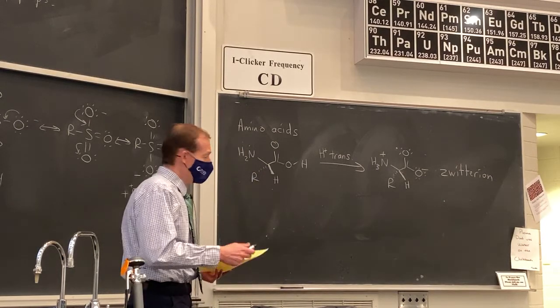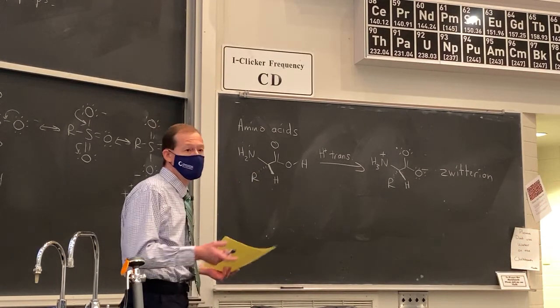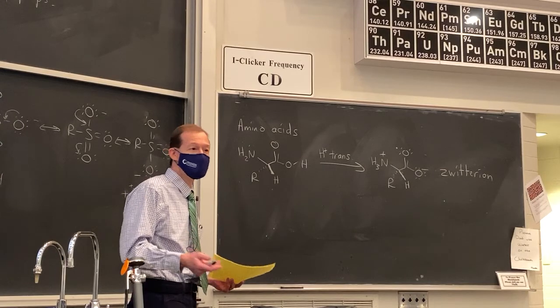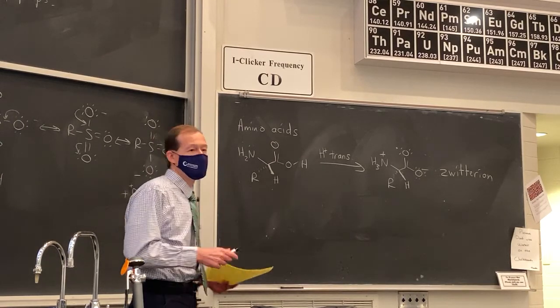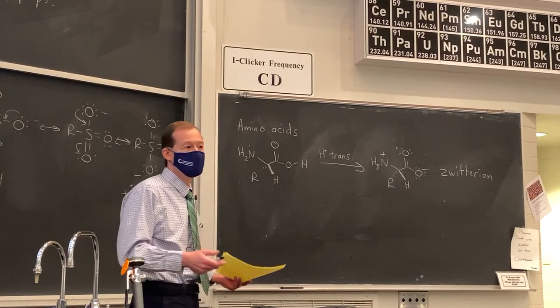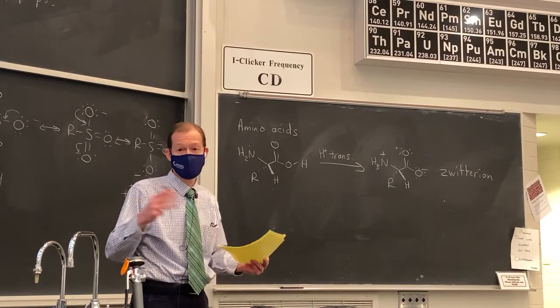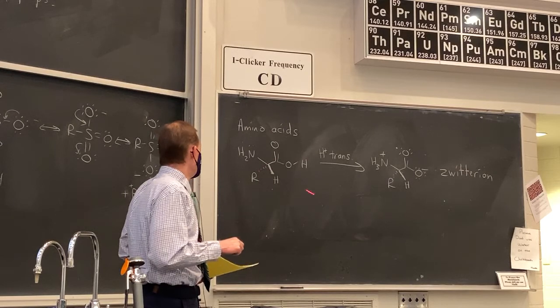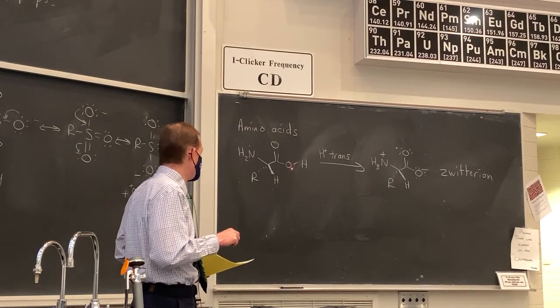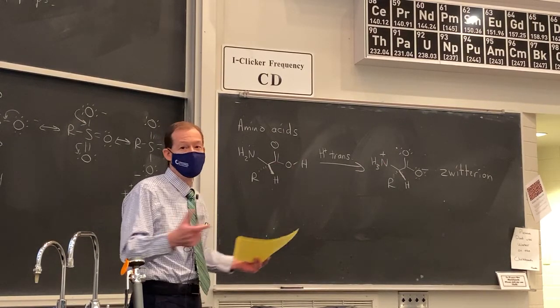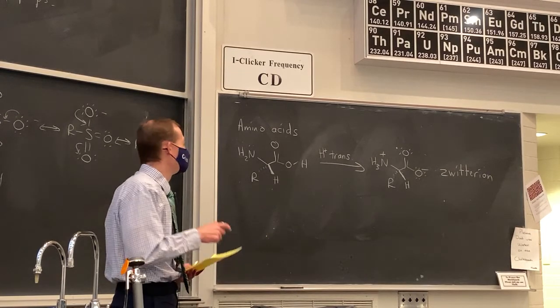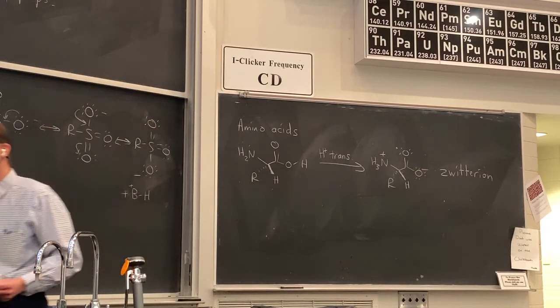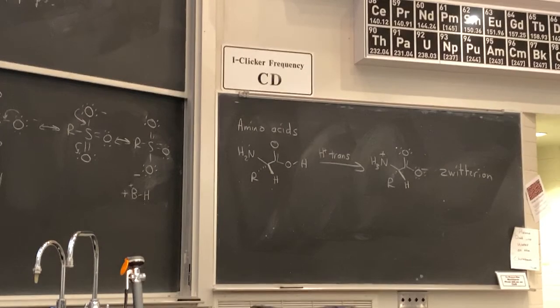Okay? If you look at the pKa of the ammonium group, that's usually 9 point something. pKa of a carboxylic acid, usually 4 point something. In the case of an amino acid, it's lower for reasons we'll learn later on in the class. But this is a weaker acid than that, so therefore this is more stable than that. Okay? So the Zwitterion is the form that an amino acid would exist in solution.